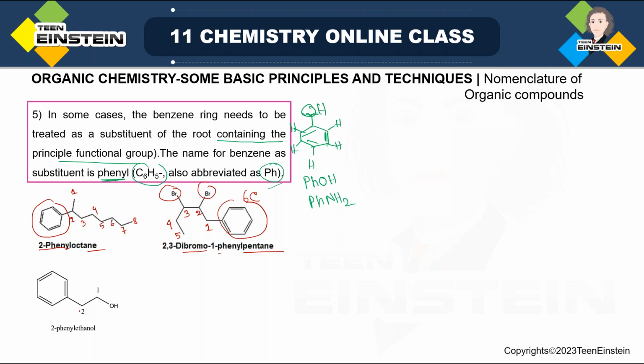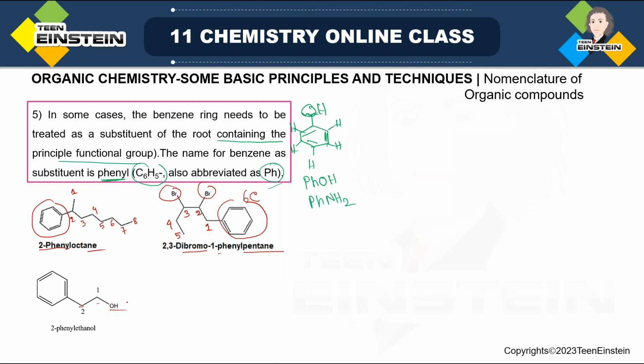See here, though it is a 2 carbon chain attached to benzene, normally if OH is not present, it should be treated as if an ethyl substituent is present in benzene. Ethylbenzene should be the name.